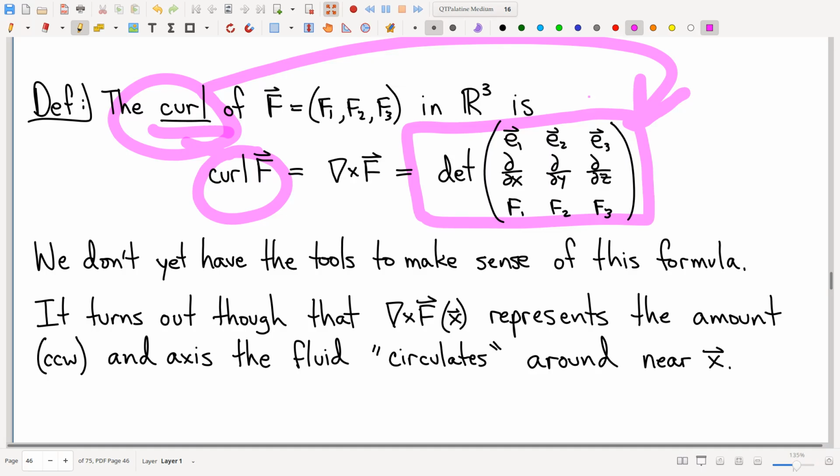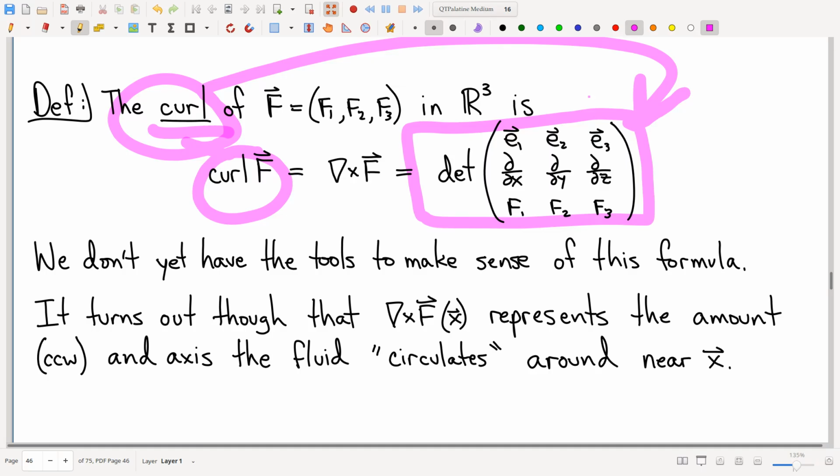It's a symbolic determinant that involves a matrix full of 3 vectors, the first of which is a symbolic vector, the second of which is a different kind of symbolic vector. Again, if you ignore the fact that this doesn't really follow the rules technically, and just take this as a notation, write it down and compute it the only way that would possibly make sense, it gives you the formula for this thing called curl.